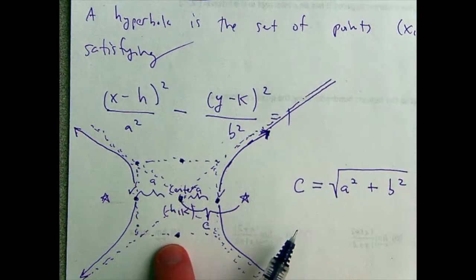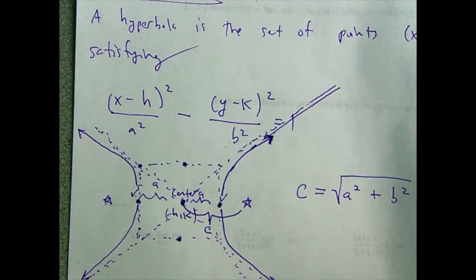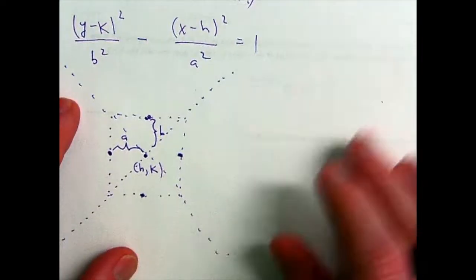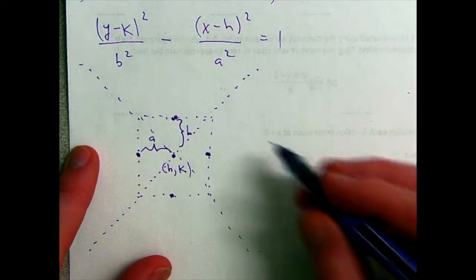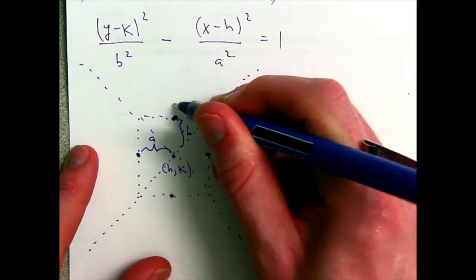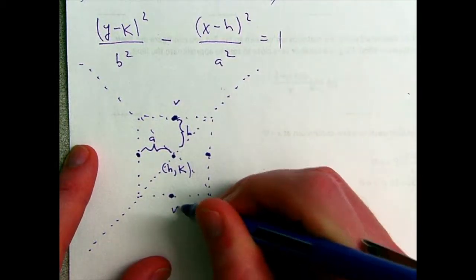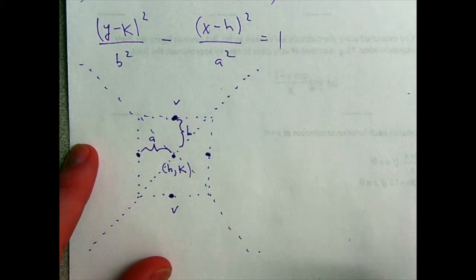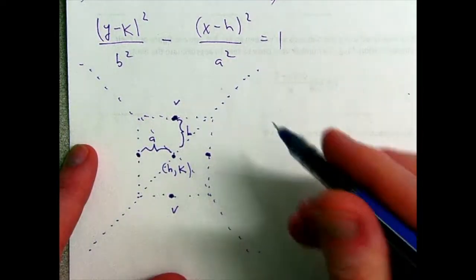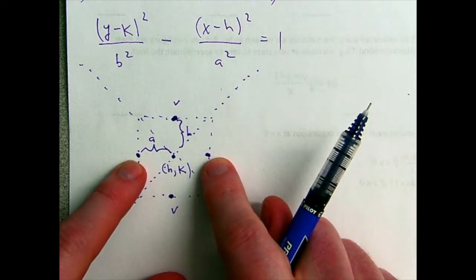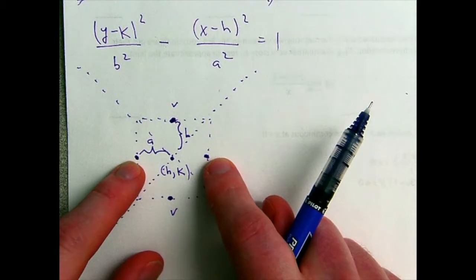The points above and below the center just don't have names. A little bit strange, but they just don't have names. Here the situation is reversed. This point here is a vertex, and this point here is a vertex, the points above and below. The hyperbola will go through those points, and the ones to the left and the right just don't have names in this version.